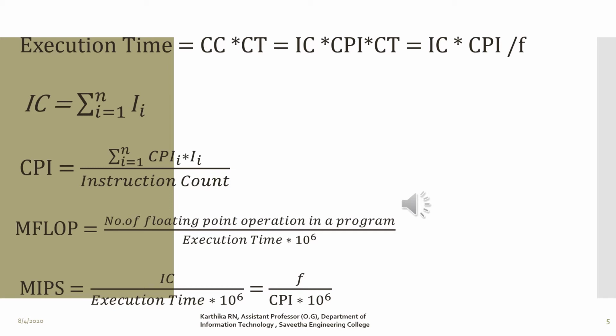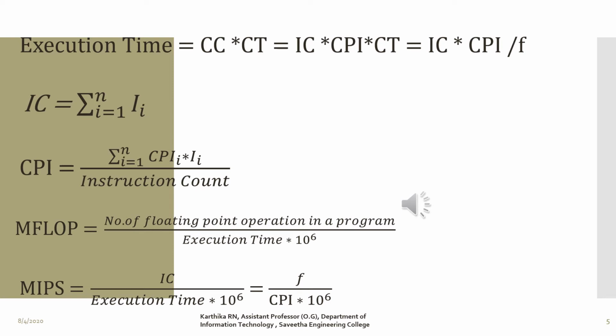Next is MFLOP. MFLOP is the number of floating point operations in a program divided by the execution time into 10 to the power 6. What is that 10 to the power 6?